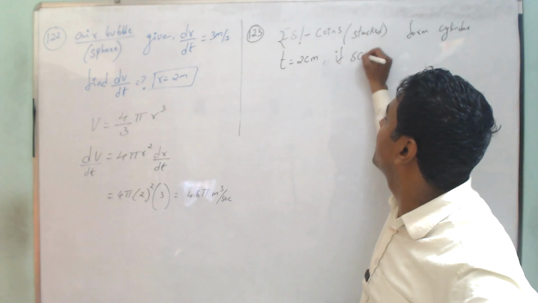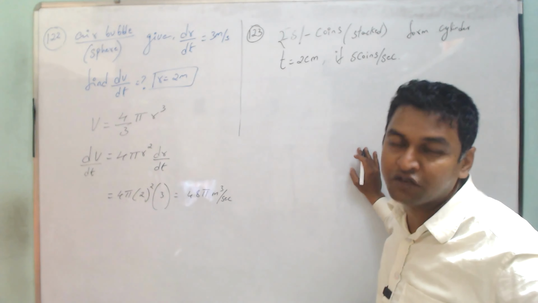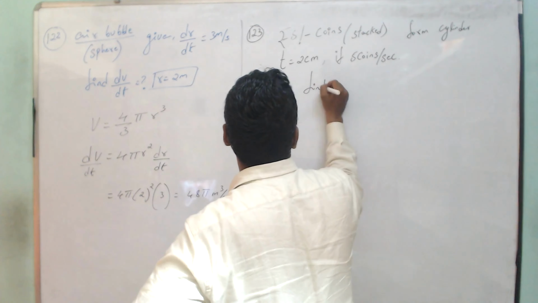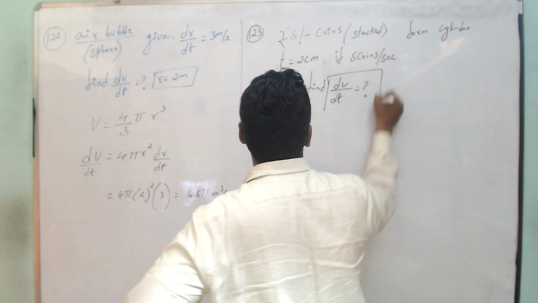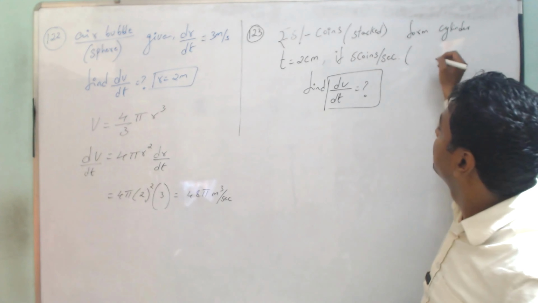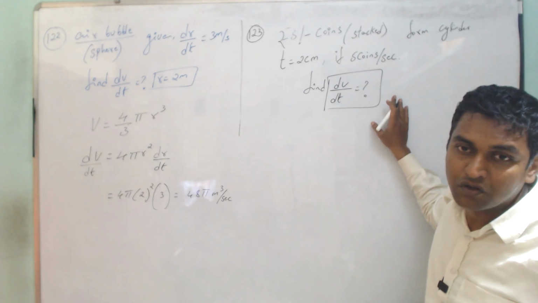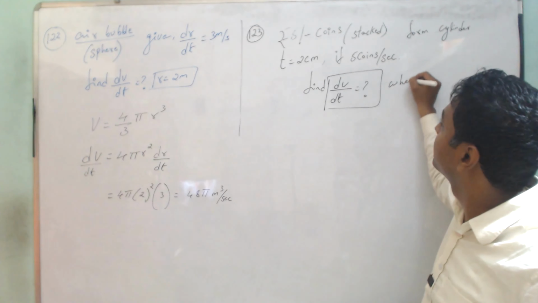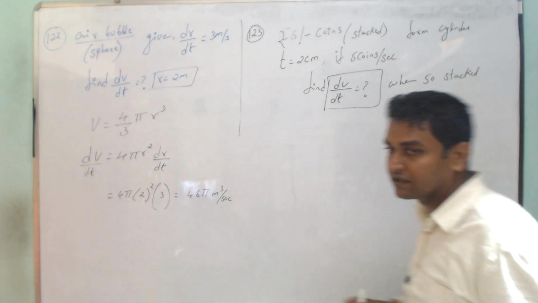If 5 coins are stacked every second, find the rate of change of volume of the cylinder that is made when 50 coins are stacked. So 10 seconds.